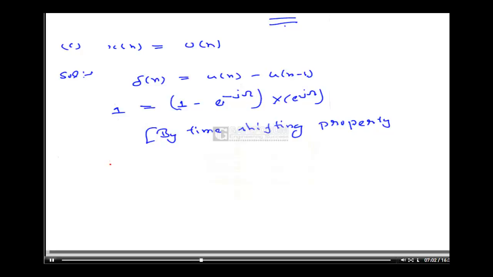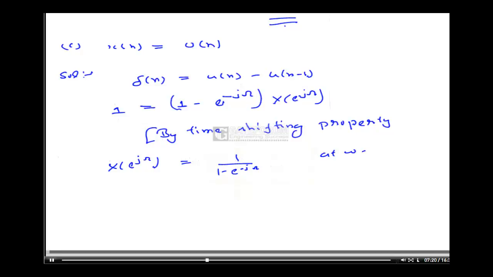Okay, then X(e^j omega) will be 1 upon 1 minus e to the power minus j omega.